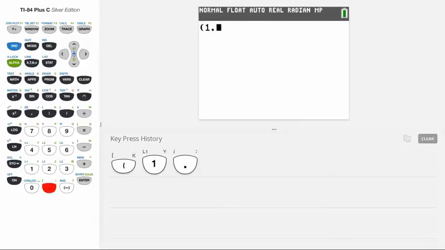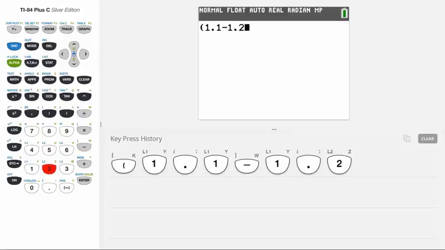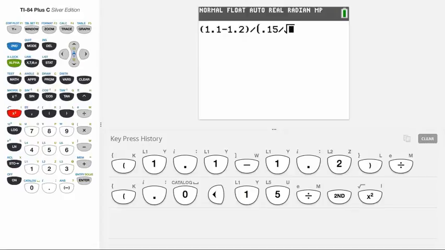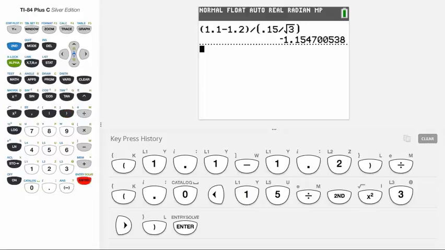Parenthesis 1.1 minus 1.2, close parenthesis, divided by, and then parentheses around the bottom. Parenthesis 0.15 divided by, second, x squared gives us our square root, 3. I'm going to arrow to the right and close my parentheses. Enter, and we get negative 1.1547.